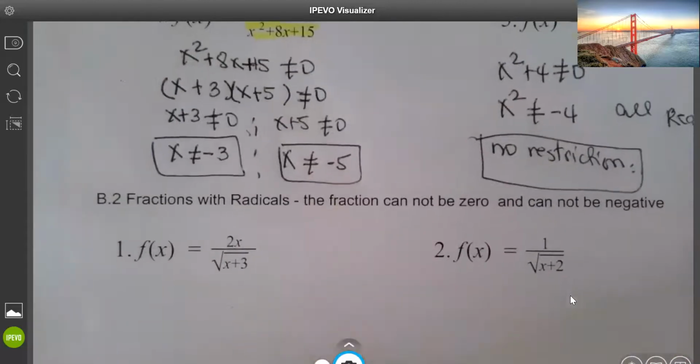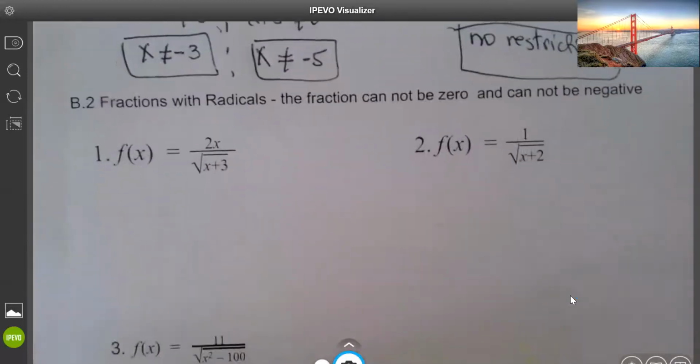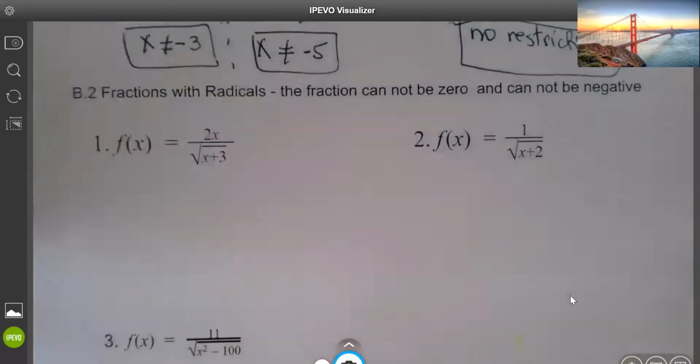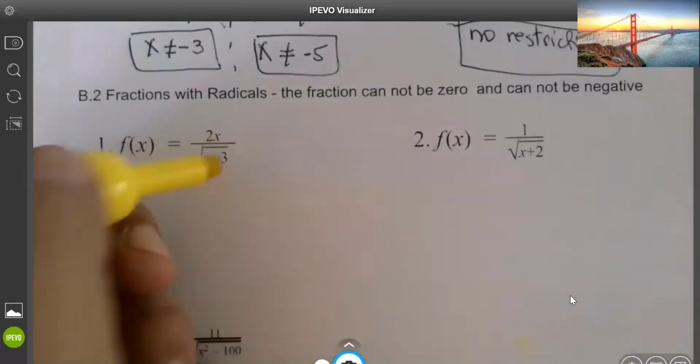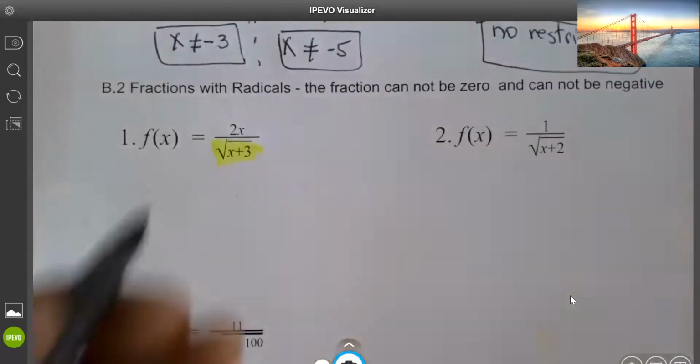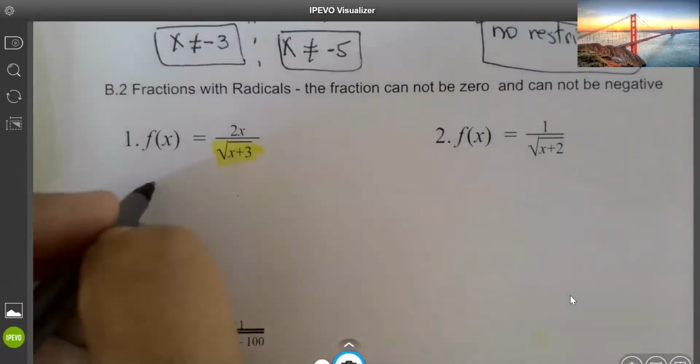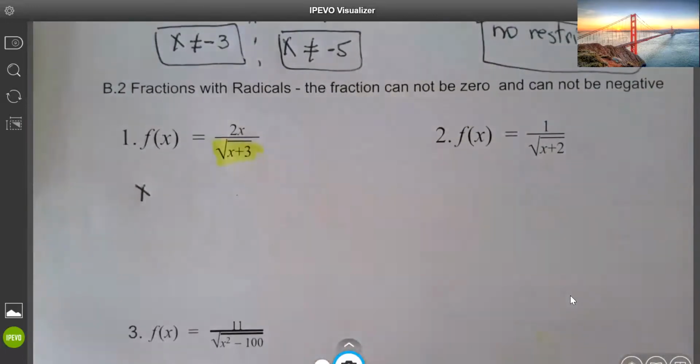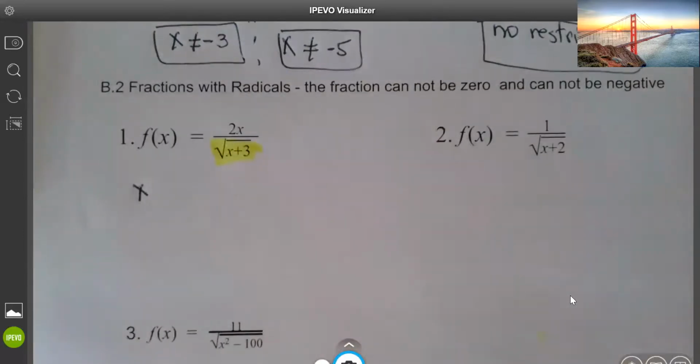Okay. Now the next type of fraction is a fraction wherein the denominator is a radical. If the denominator is a radical, you set the radicand not equal to 0, okay, because it's a fraction.